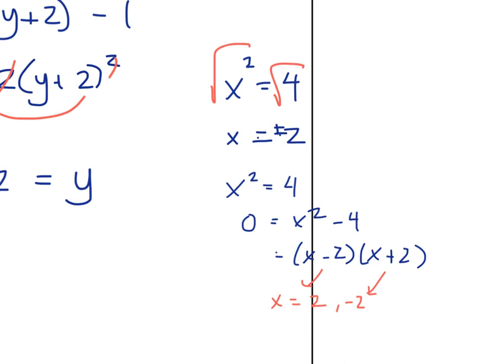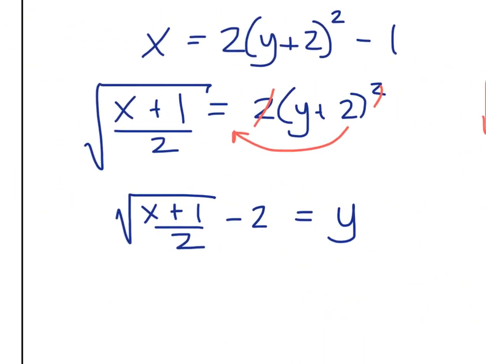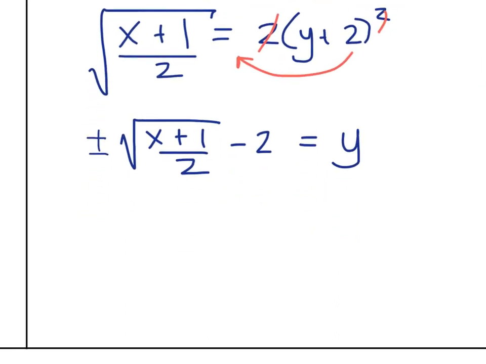And it's the same thing when we go back to our equation here. When we take the square root of both sides, there's actually going to be two answers for each value of x, or sorry, for each value of y. So what we have to do is in front of that square root, we have to put a plus minus sign. So the actual full inverse of the function has two parts.